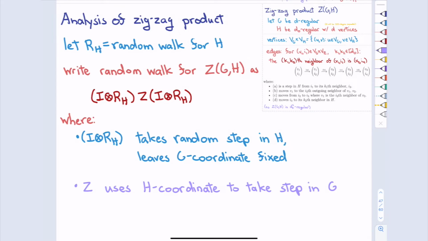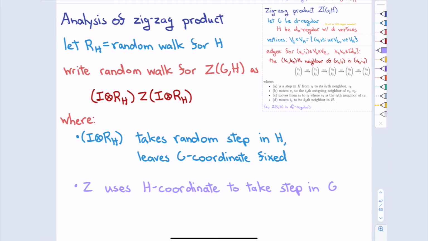All right, so let's let R sub H denote the random walk on H. Actually, R sub G is almost never going to show up because we're never doing a random walk on G anymore, interestingly. Now we're only doing random walks on these various H's and then using this zigzag thingy to coordinate steps in G. So I can write one of these complicated multi-part steps as I tensor R_H.